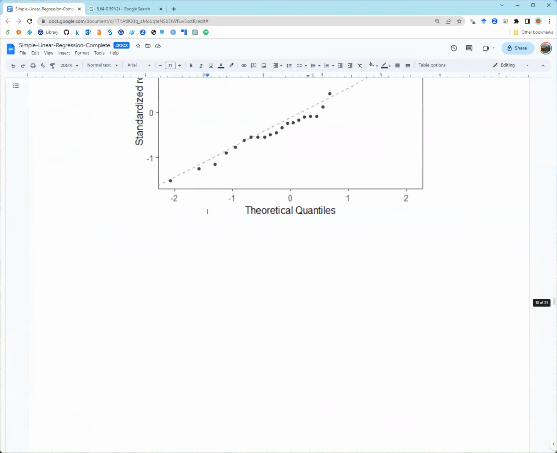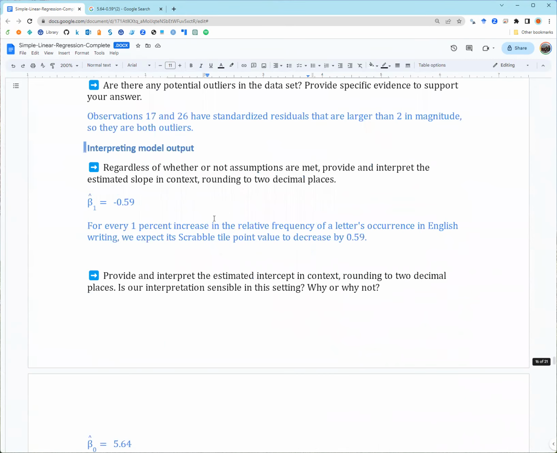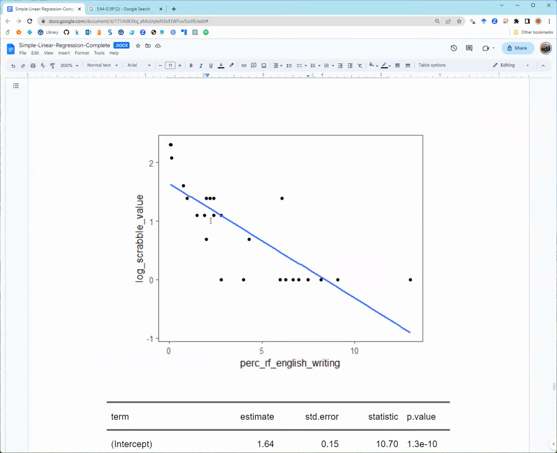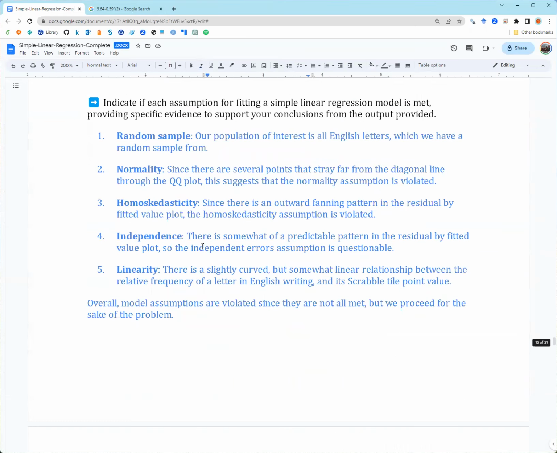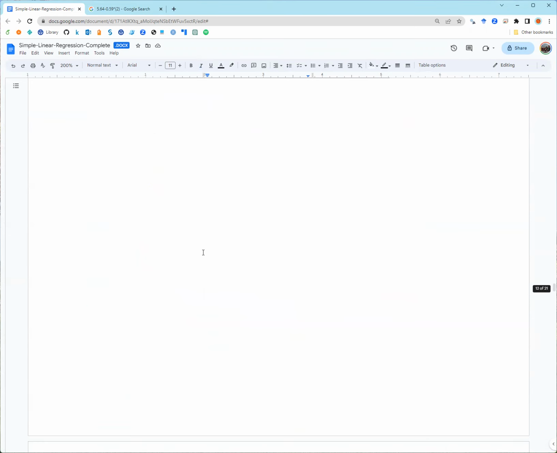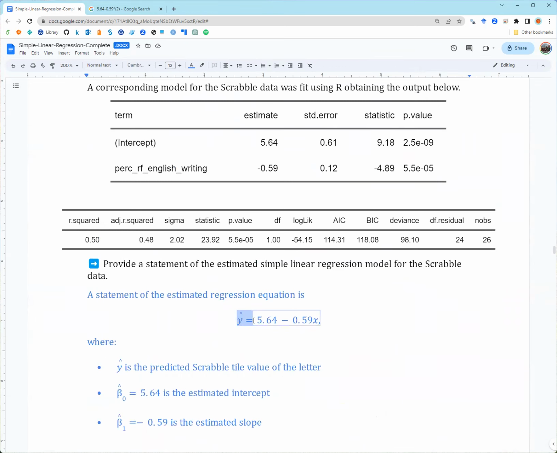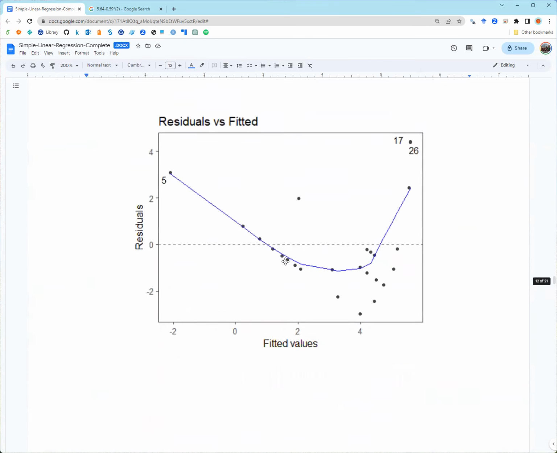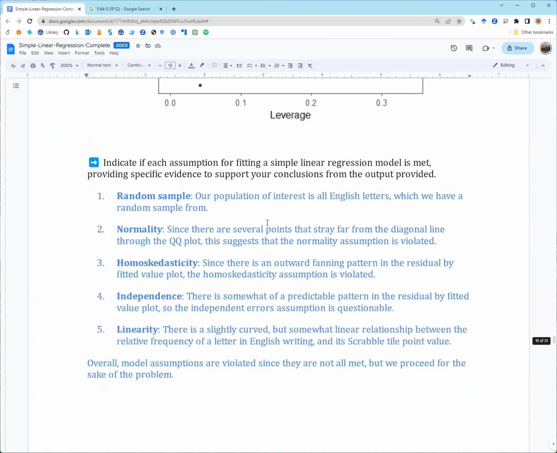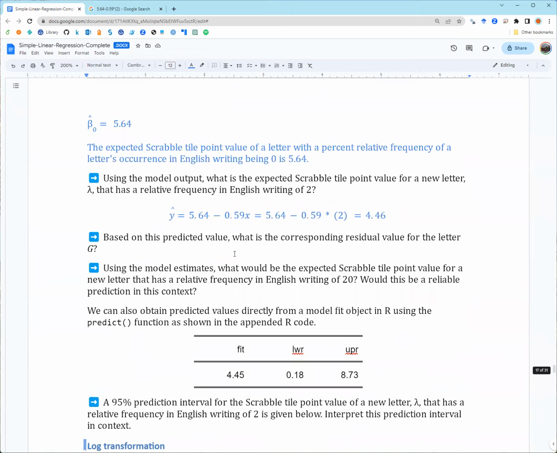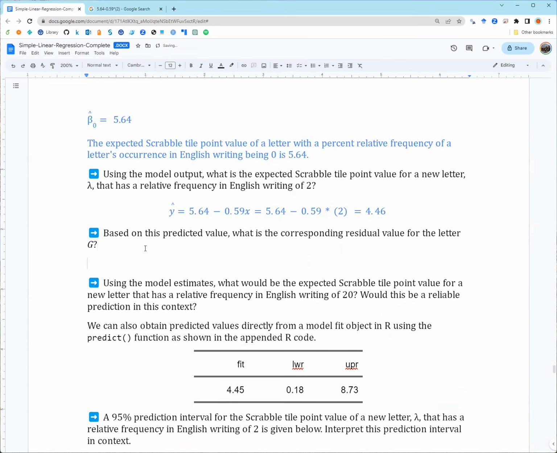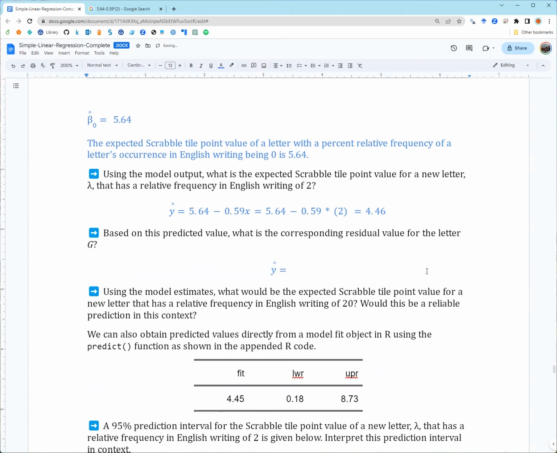So what that means is that our Y hat for G, okay, so we calculated a Y hat for G of 4.46, since G has a percent relative frequency of 2.